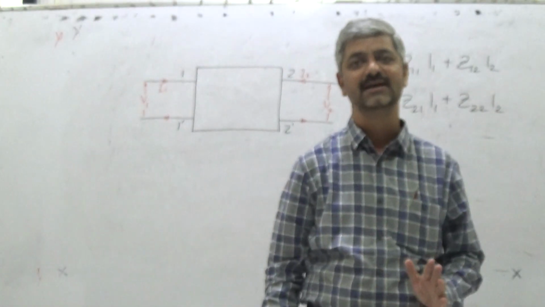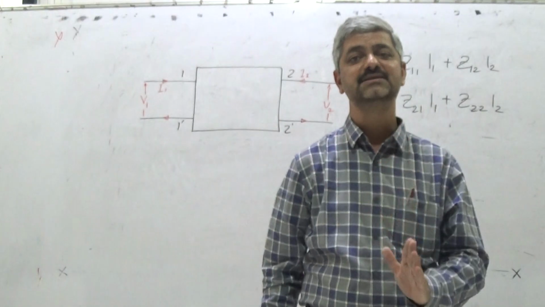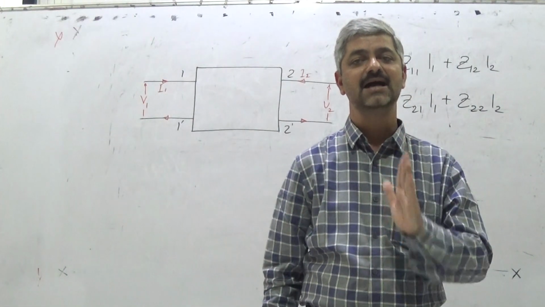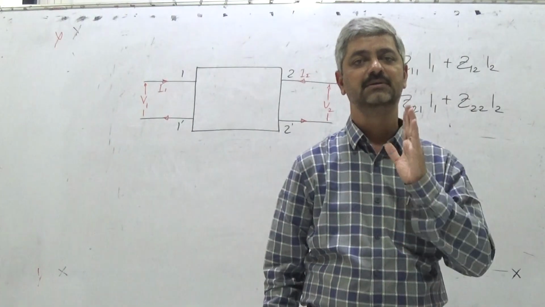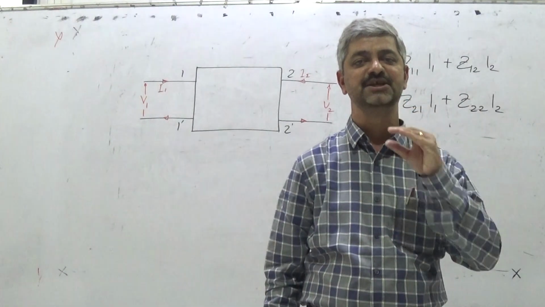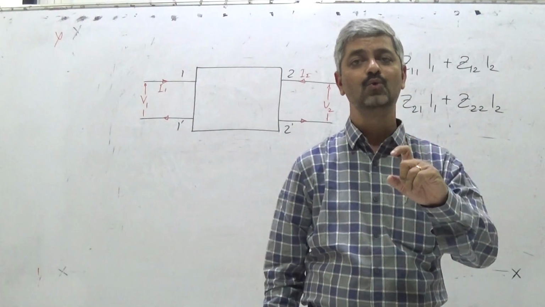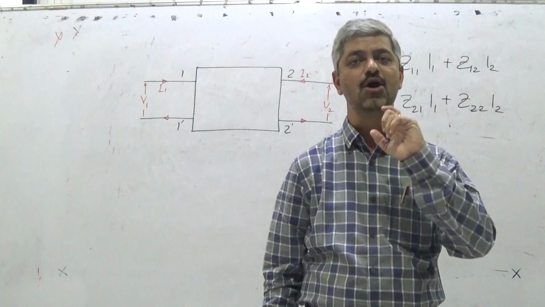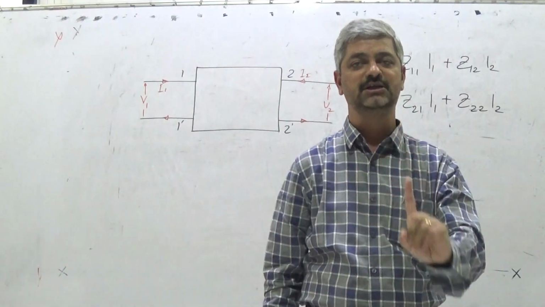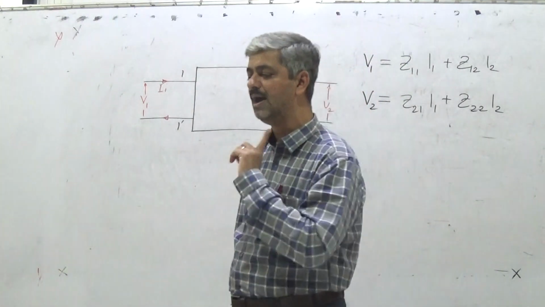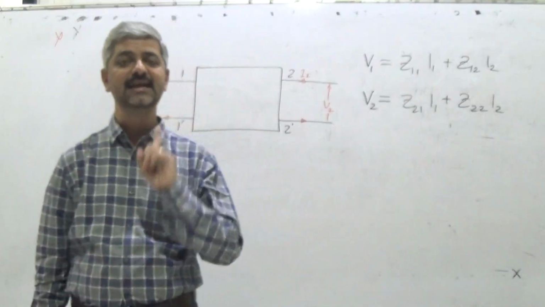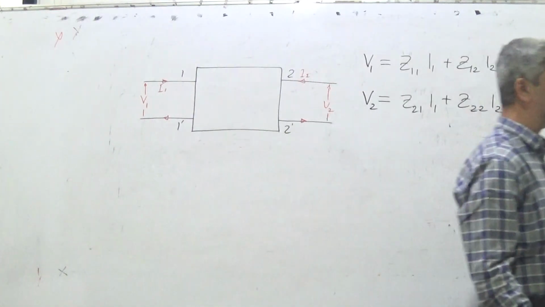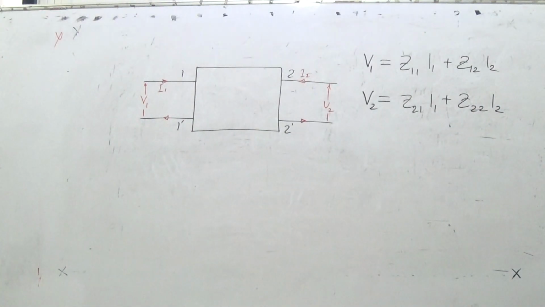One thing is very clear. Once the parameters are defined, the method of definition is two of the voltages or currents. We have 4 terms: V1, V2, I1, I2. Any two of them can be expressed as weighted sum of remaining two.